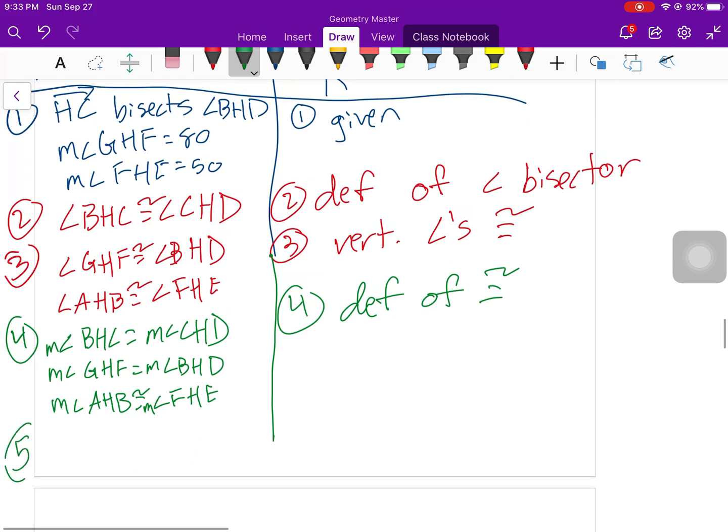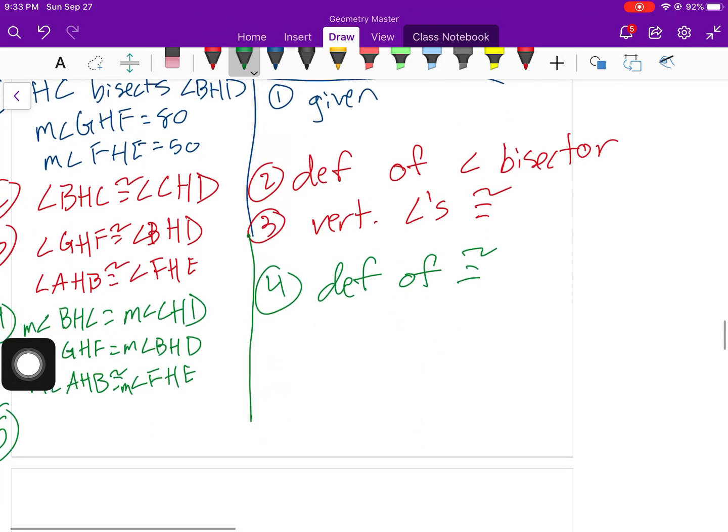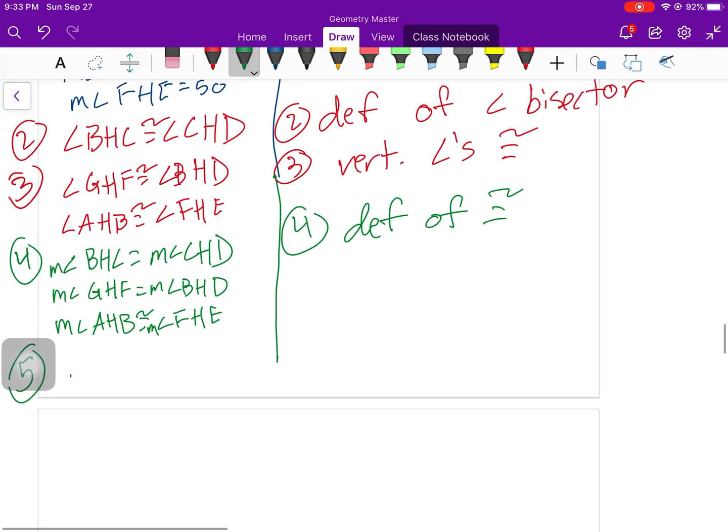All right, now I know what some of these values are. I don't know what that first set is yet, but angle GHF I know is 80. So that tells me that the measurement of angle BHD equals 80 degrees.